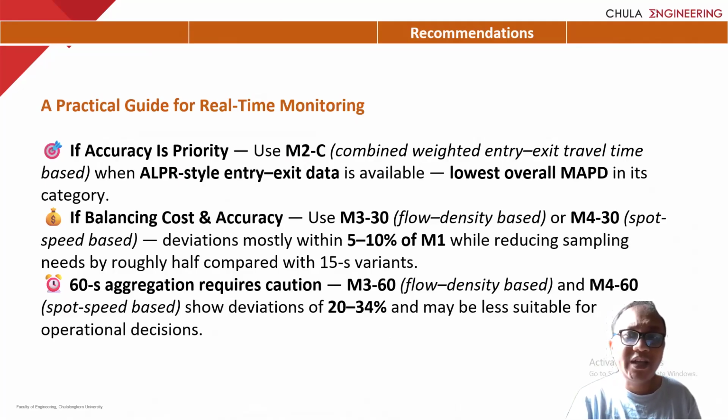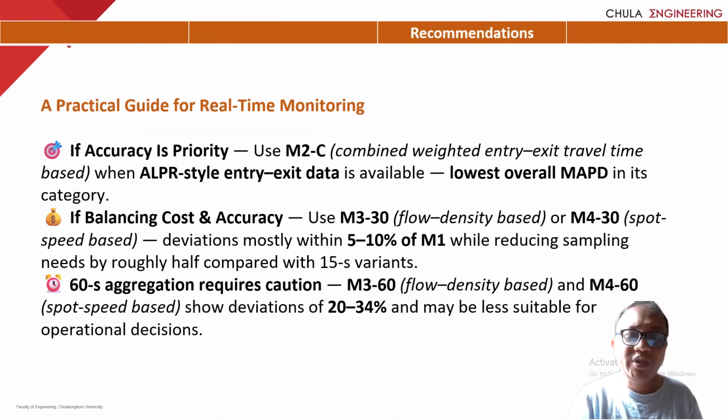For M3-30 and M4-30, we can consider balancing cost and accuracy. They have deviation mostly within 5 to 10%, not more than 10%, compared to M1, and they take less sampling, almost half of the 15-second variants. So we can choose them if we consider balancing cost and accuracy.